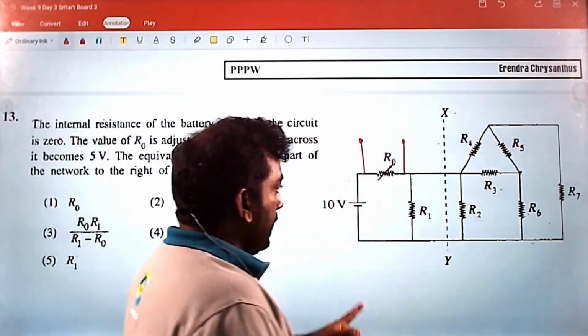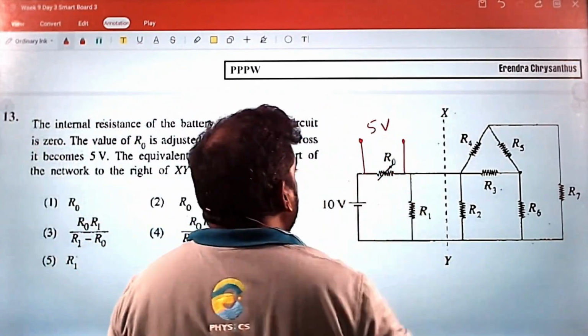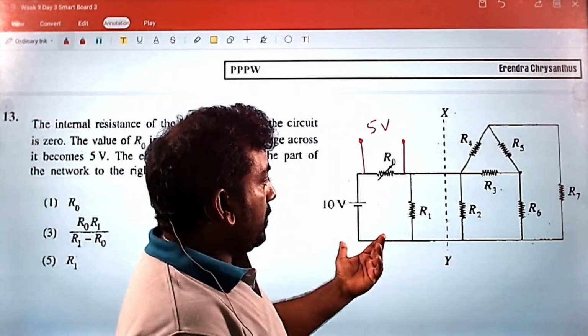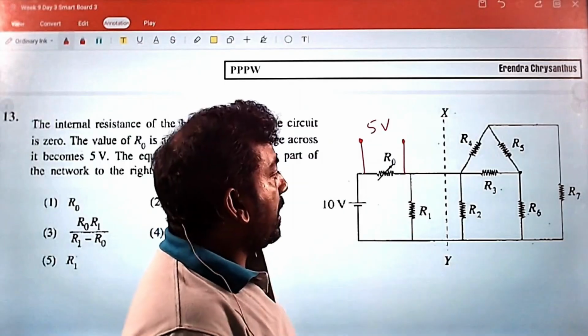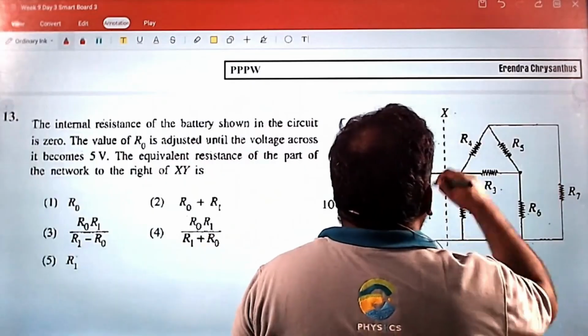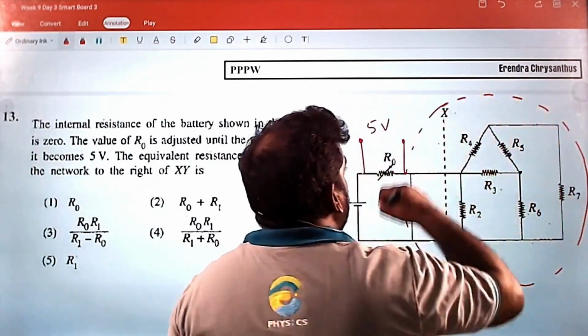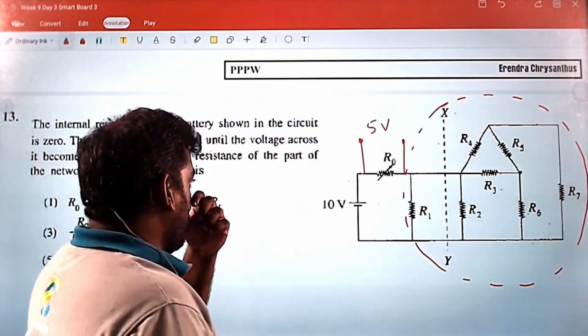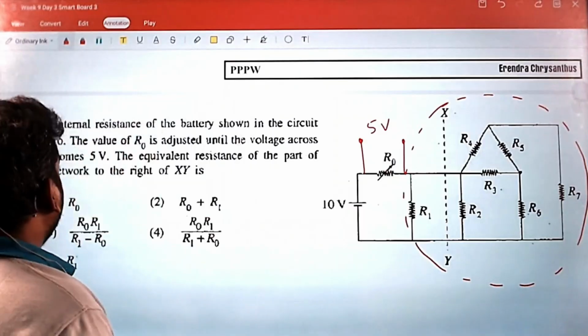Supply voltage is 10. Across this 5 means, what can you see? Resistor here and resistor here both are same. So the effective resistance here is equal to R0.